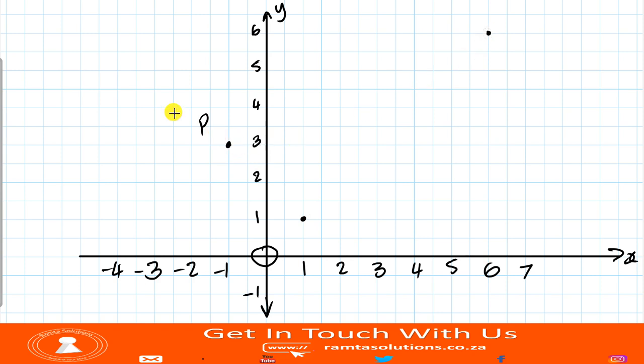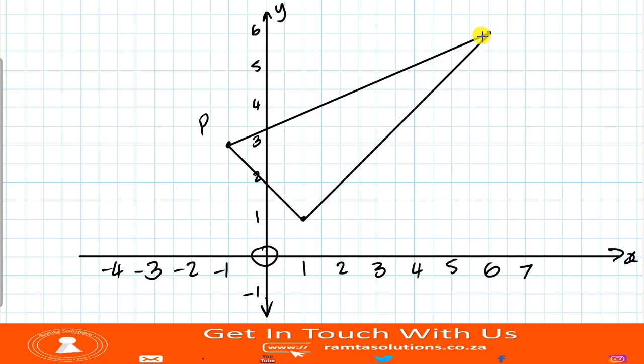Cool. So let me join them. If you guys have a ruler, please use your ruler. So this is point Q, and then this is point R, isn't it? This is point P, and this is point R.